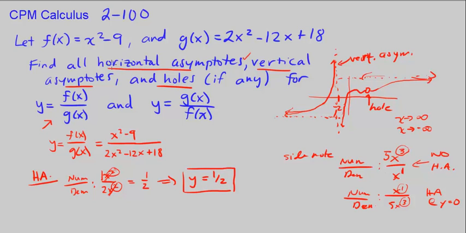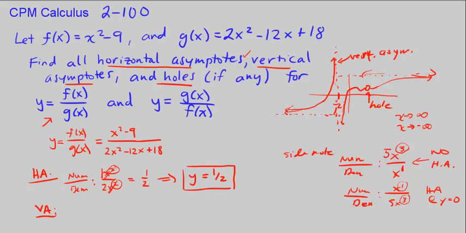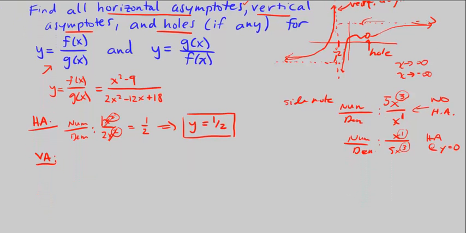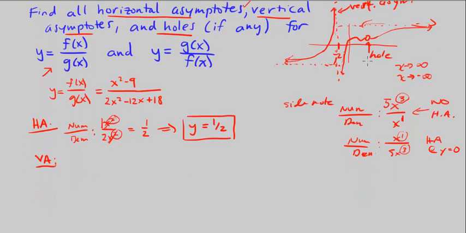Okay, vertical asymptotes. Remember, we have vertical asymptotes where our function is undefined. Well, kind of, because we also have holes where our function is undefined. So we have to look at a couple of things. First of all, vertical asymptotes and holes.